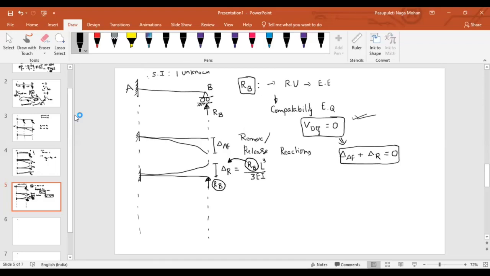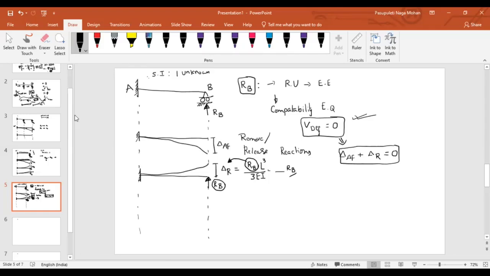You cannot. Whatever value you get will be in terms of RB. This is just a simple case with static indeterminacy of 1. Imagine if the static indeterminacy were 10. Every time it's not easy to write in terms of RB, RA, whatever the unknowns. As here there is only one unknown, you directly represent it in terms of RB and find the equations.